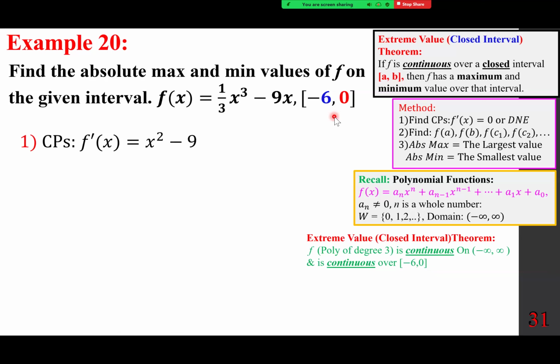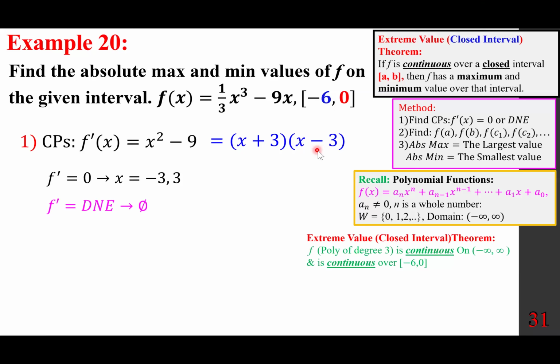We're going to factor it into x plus 3 times x minus 3. And when we set this equal to 0, we get -3 here, +3 here. F prime does not exist doesn't produce any solution.